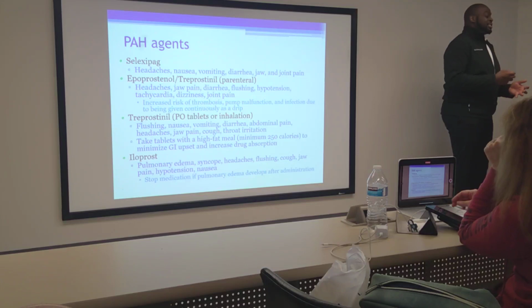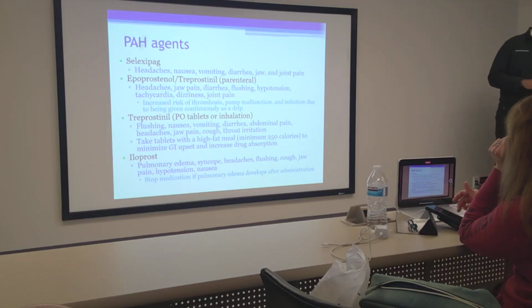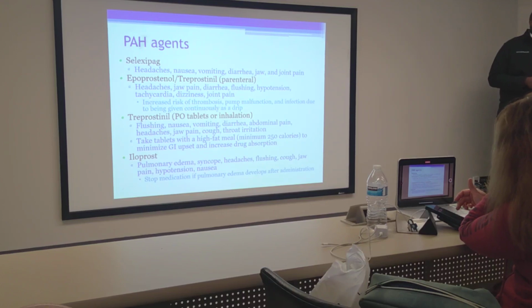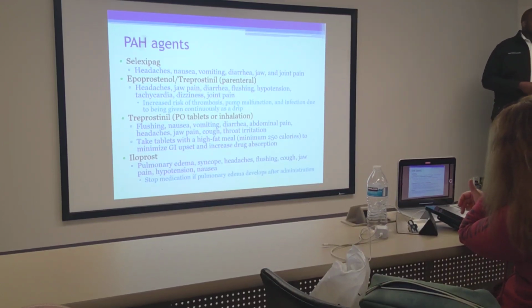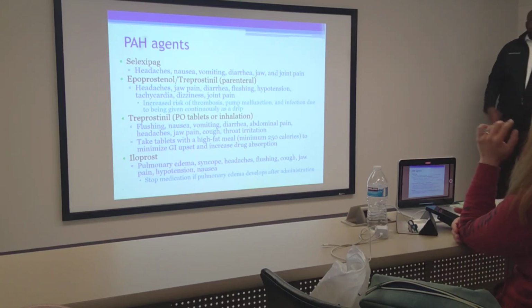Know that treprostinil tablets have a very specific requirement: they have to be taken with a high-fat meal, a minimum of 250 calories, just to minimize the GI upset and increase drug absorption. That will be important for the patient when counseling about the medication.